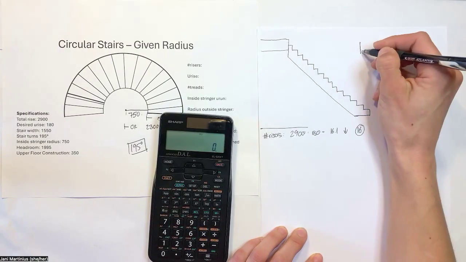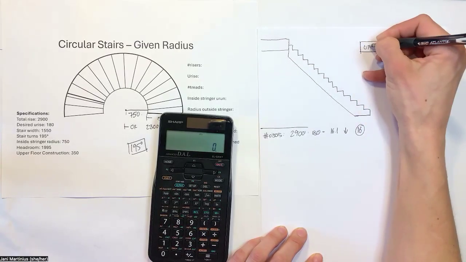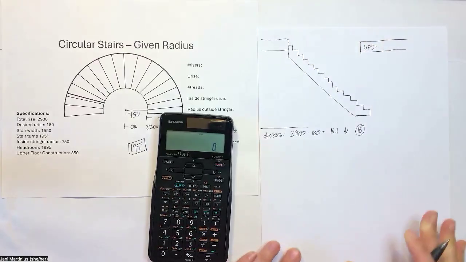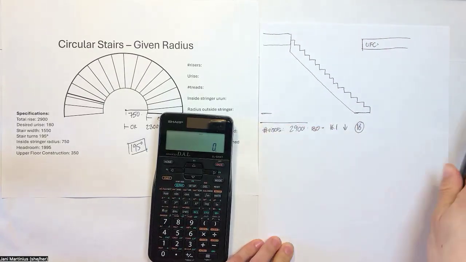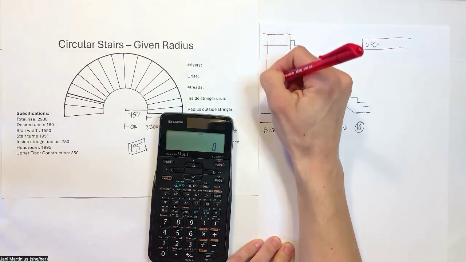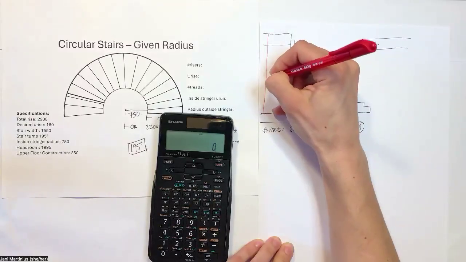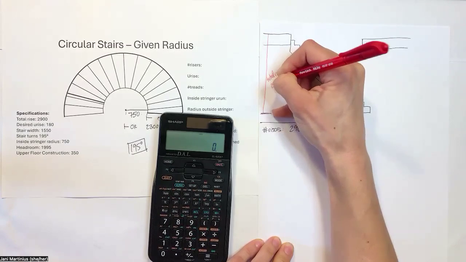And on the other side, we have our upper floor construction. So now we can pop in a few extra numbers. Our total rise, let's draw it in red. 2,900.